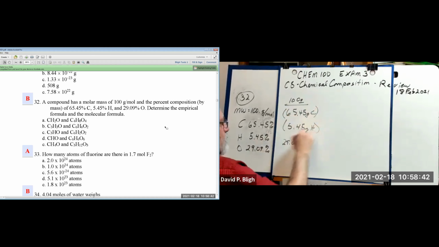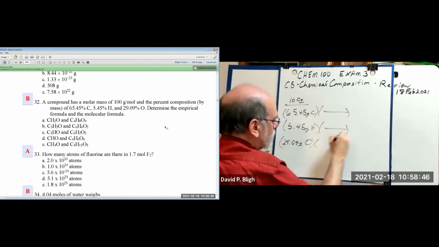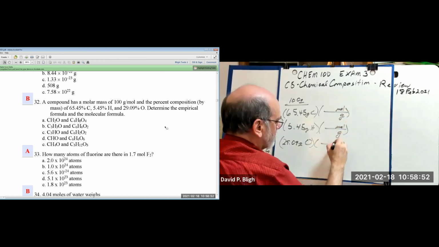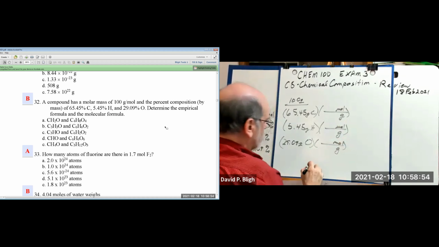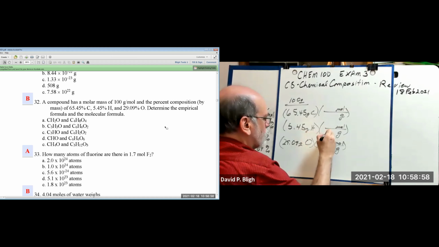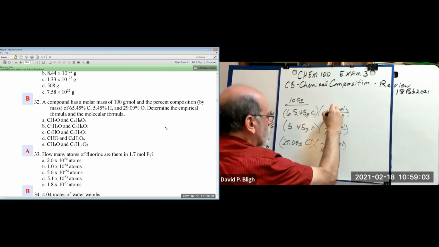Now we can find out how many moles there are. Right. Oxygen is 16. Hydrogen is 1.01. Carbon is 12.01.